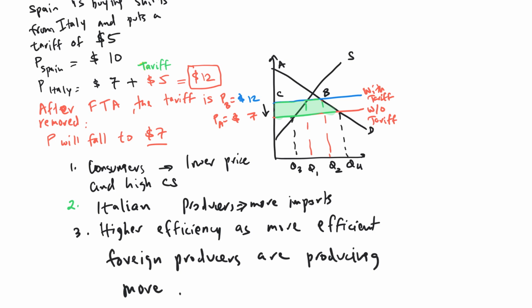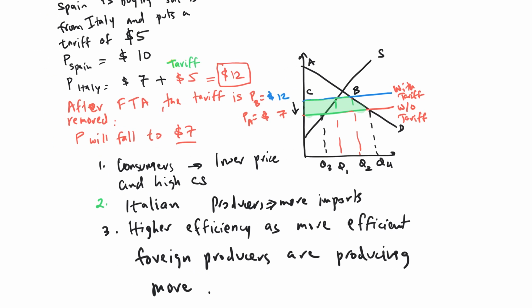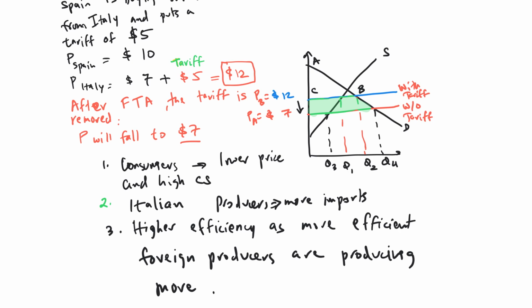Got it? So the advantage of trade creation is this, that a high cost domestic producer is now producing less and a low cost foreign producer is producing more.